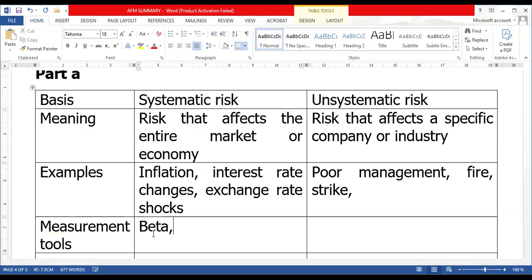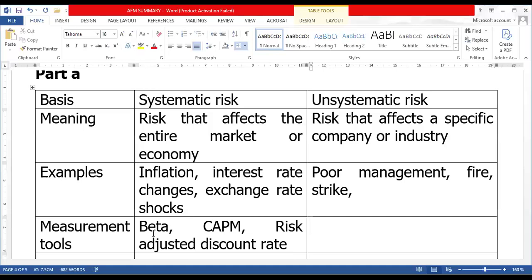You can use the CAPM, capital asset pricing model. You can use the risk adjusted discount rate, among others.